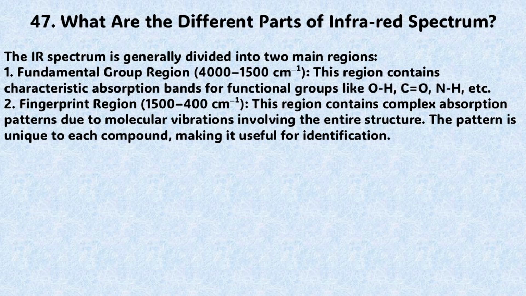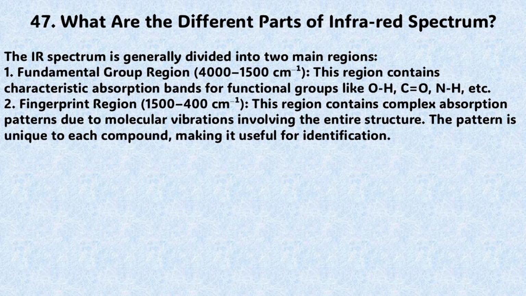The next question is question number 47. What are the different parts of the infrared spectrum? The answer to this question is very simple. The infrared spectrum is generally divided into two main regions. Fundamental group region, from 4000 cm⁻¹ to 1500 cm⁻¹.